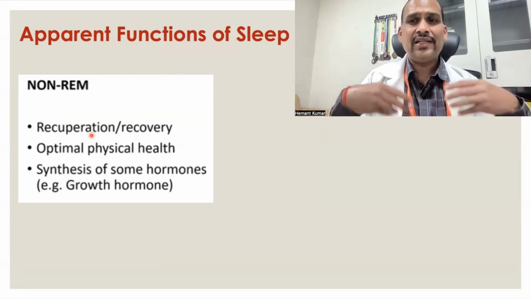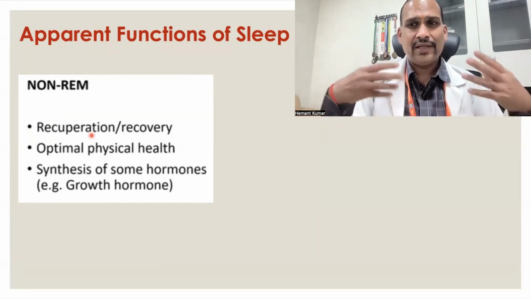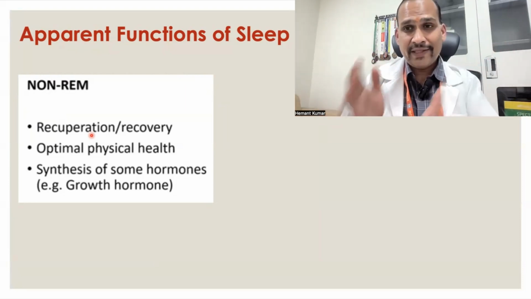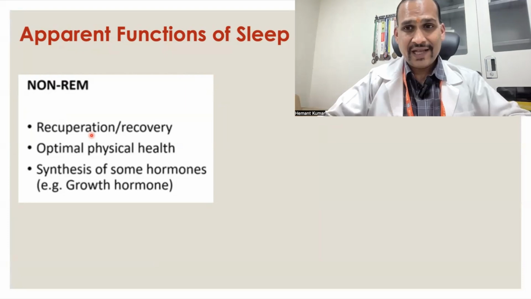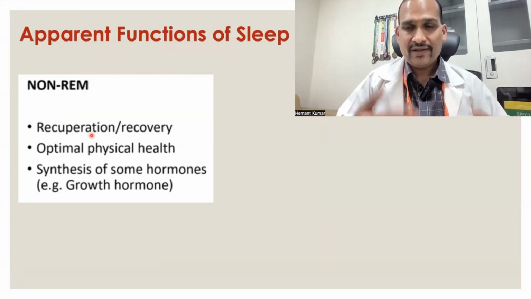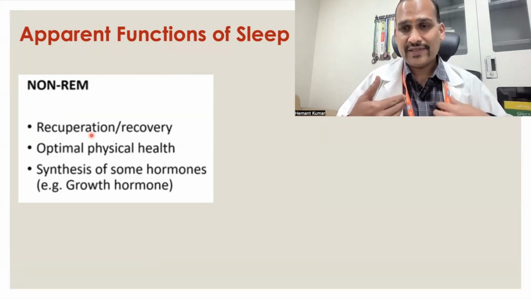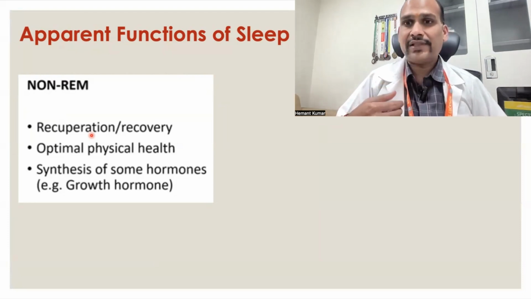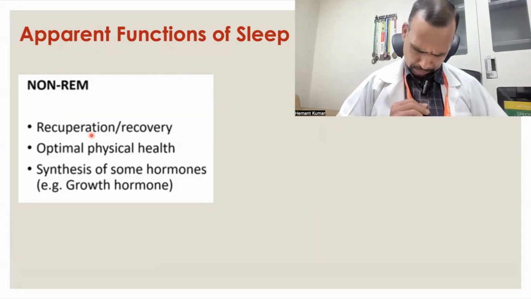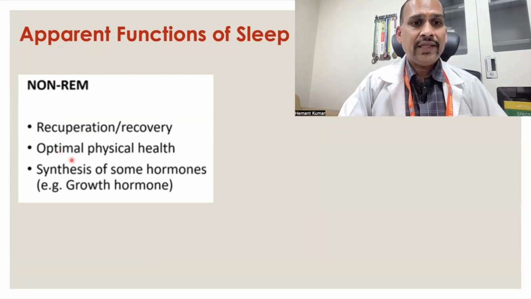Some cells are dead. Some cells are not functioning. So at night when we are sleeping, our cells are recovering. The cells that got damaged are recovering at night time. There is recovery of muscles. Then it is important for physical health.